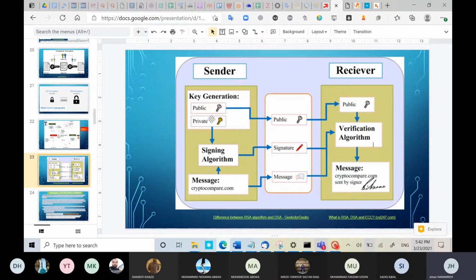And this is basically the approach that's used in cryptocurrency and Bitcoin, where you have digital signature as well as asymmetric cryptography, private and public key.